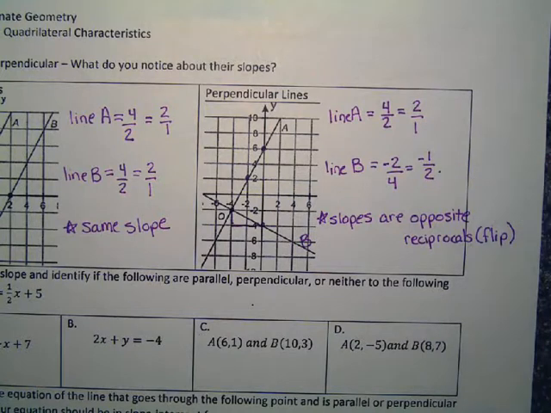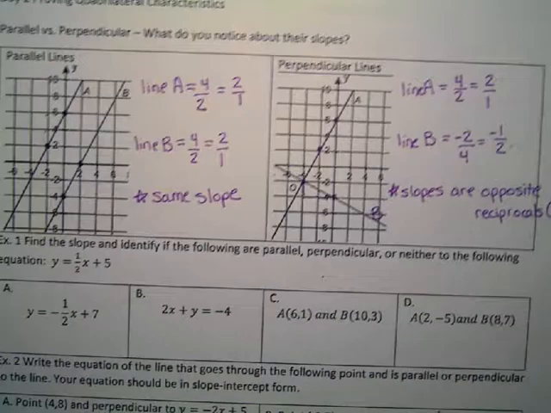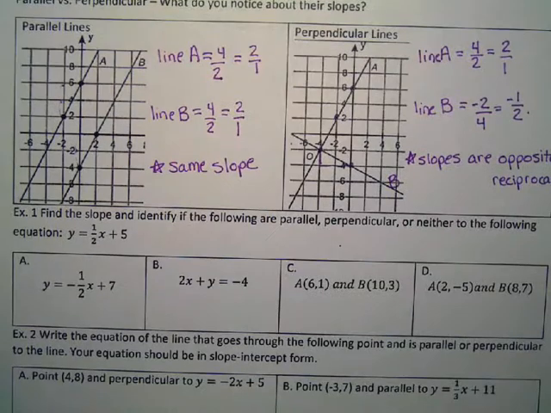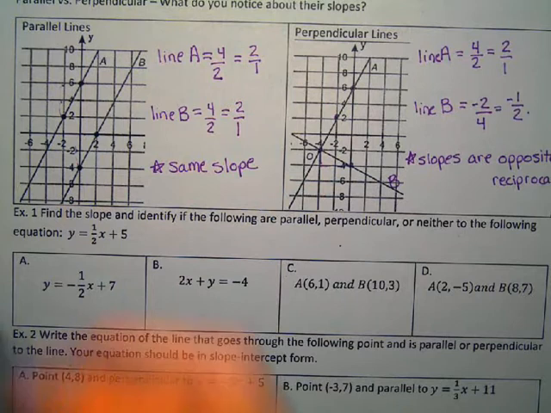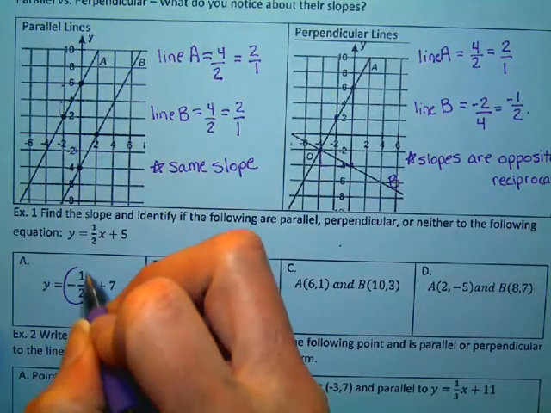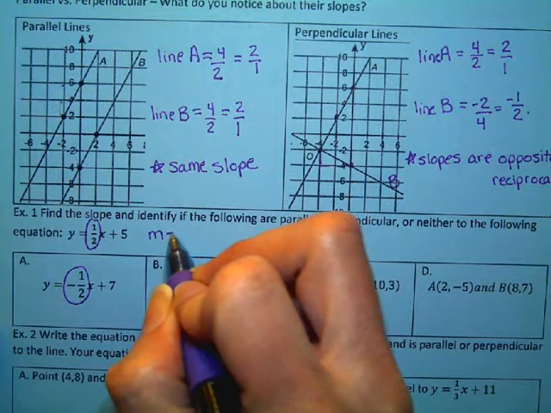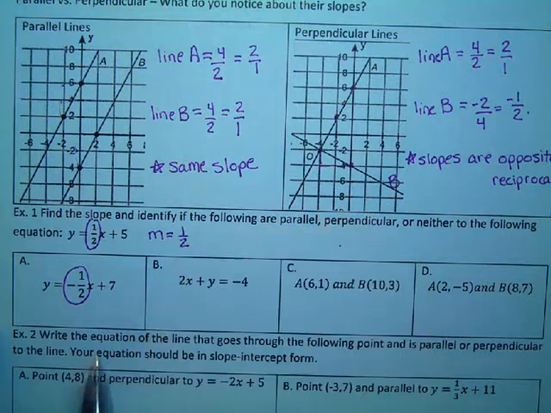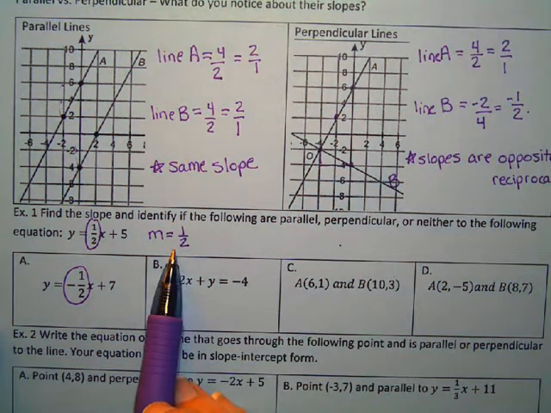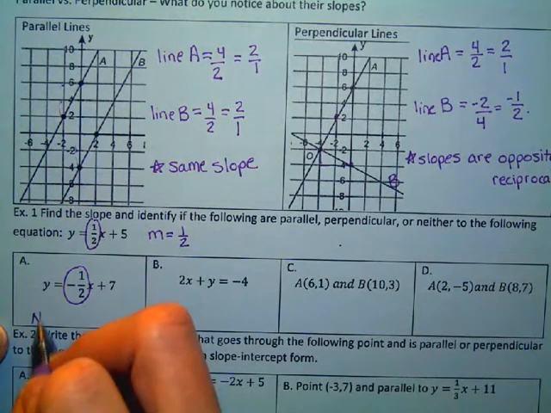Alright, find the slope on this example and identify if the following lines are parallel, perpendicular, or neither to this given equation. So here's our slope. Here's our slope. So we were comparing it to 1/2. So this is negative 1/2 and that's positive 1/2, so that's neither situation.